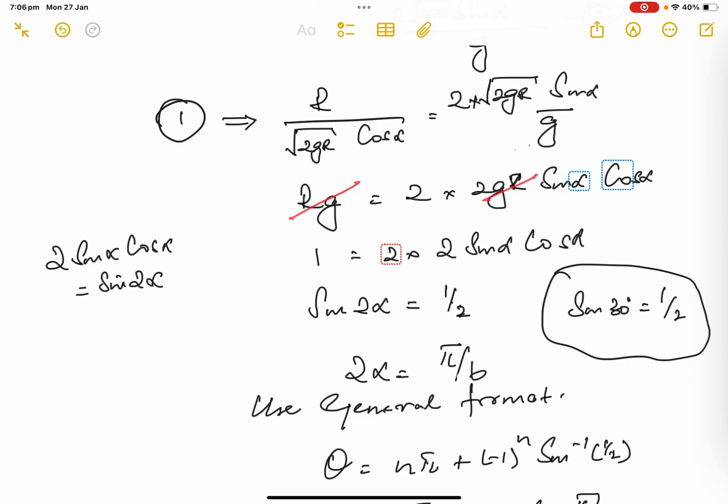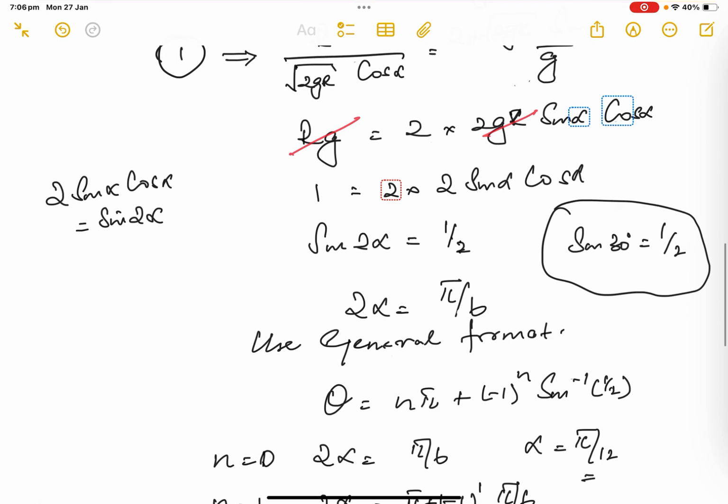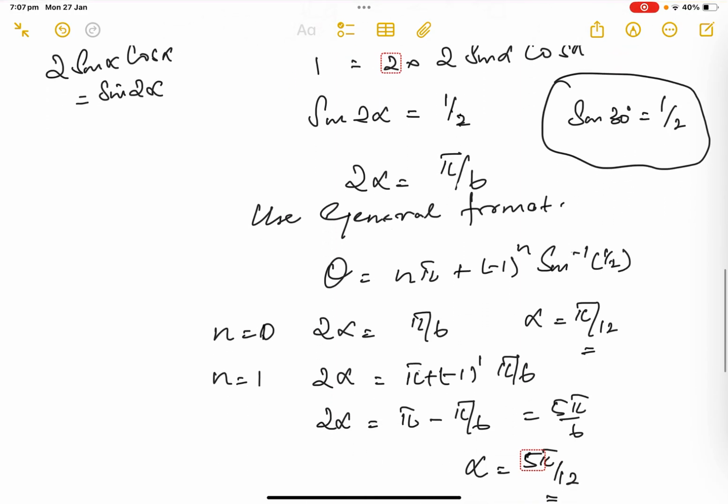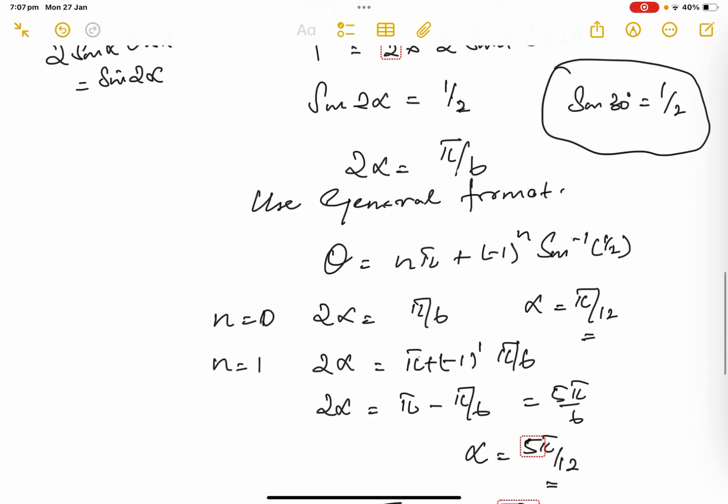Then if you keep the 2, sine 2 alpha equals half. So sine 2 alpha equals half. Again, students should know the principal value for 2 alpha when sine 2 alpha equals half. That is pi by 6, sine 30 equals half. So 2 alpha is pi by 6.